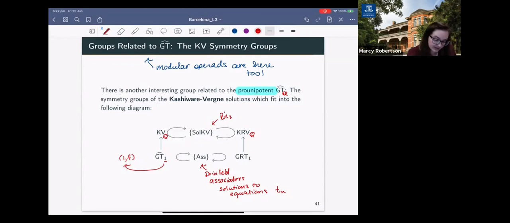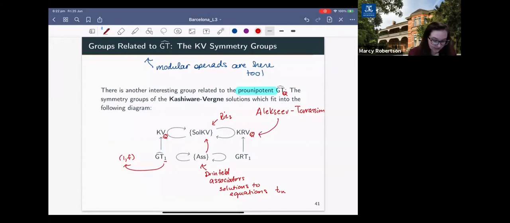And Alekseev and Torossian, oh no, this is gonna get terrible spelling situation. Showed that there is a map here. So every Drinfeld associator gives you a solution to the Kashiwara-Vergne equations.